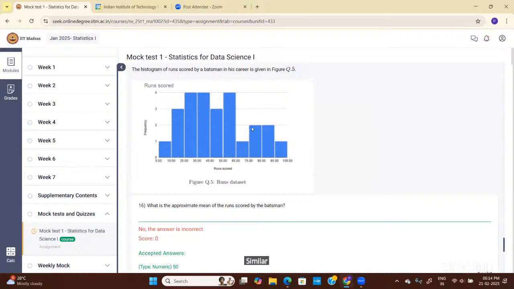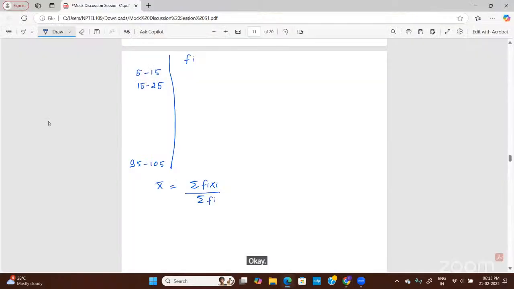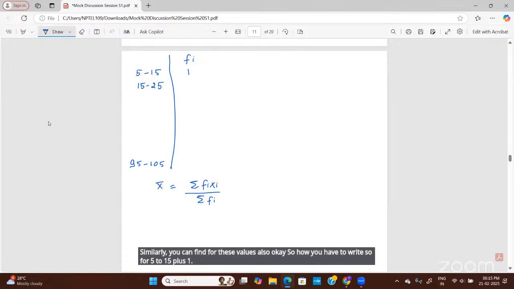Similarly, you can find these values also.